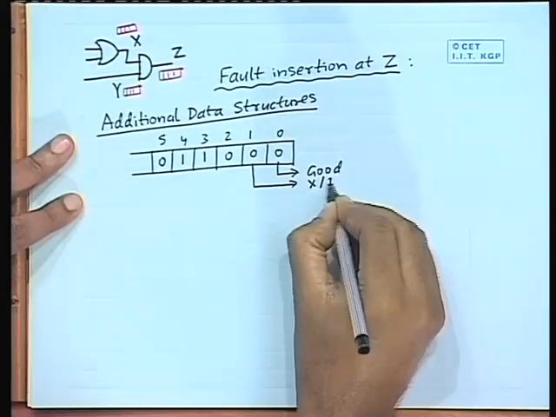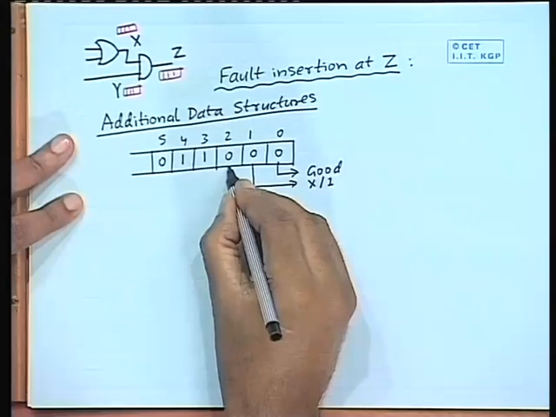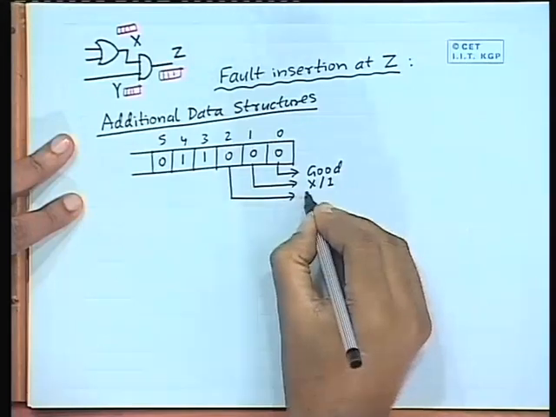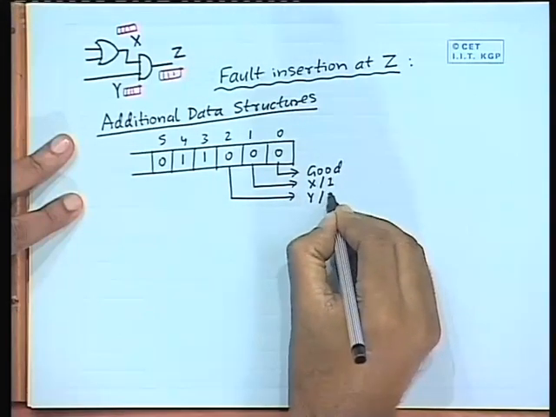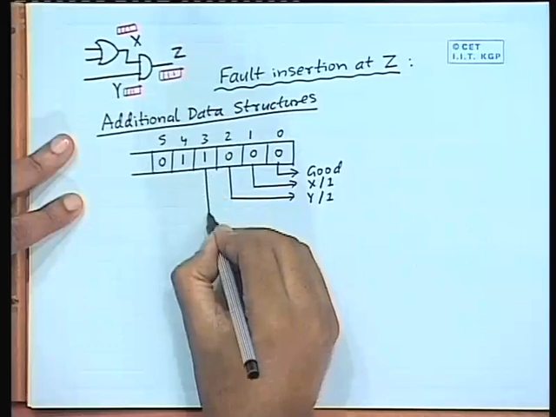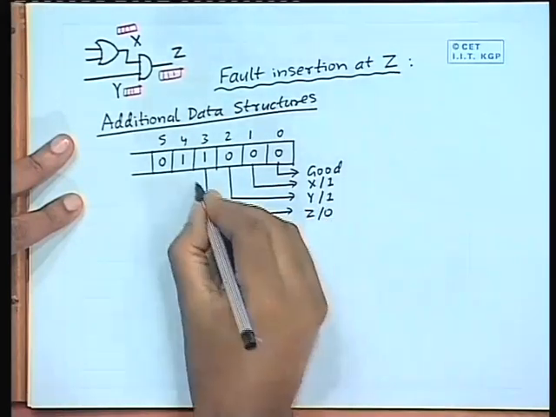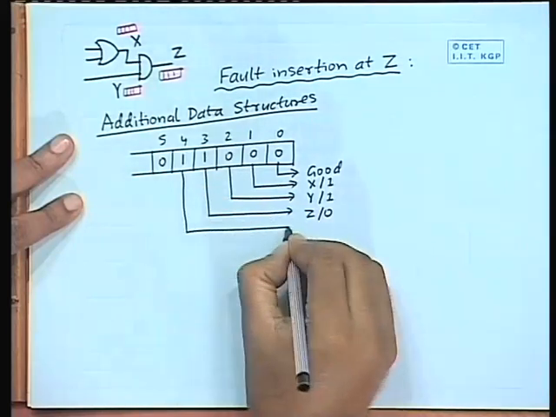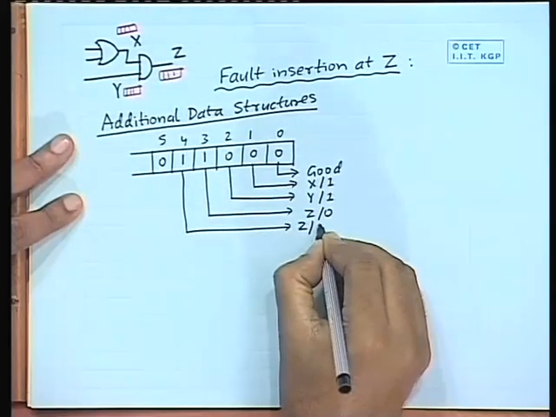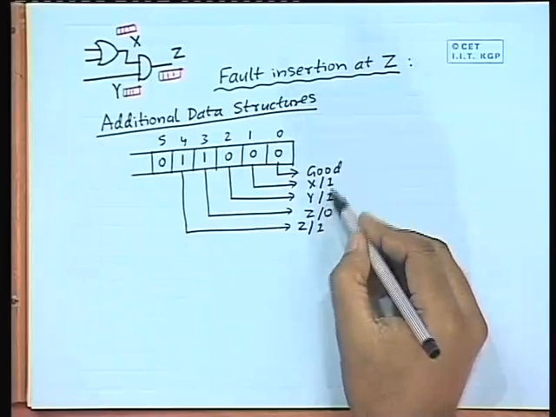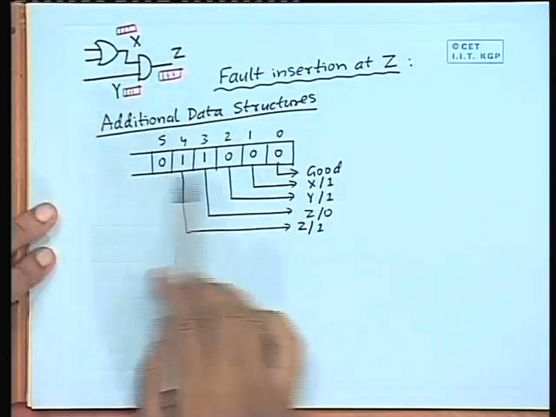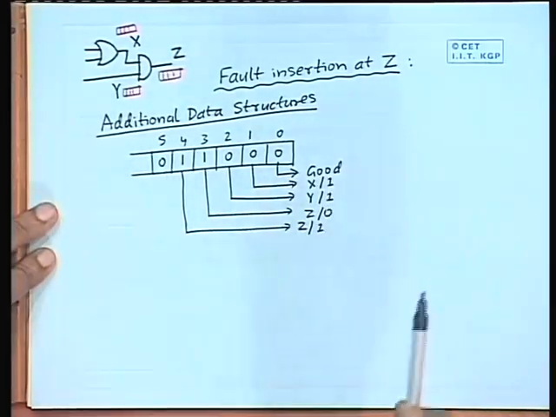Sometimes we also write like this, X/1 means stuck at 1. This is for say Y stuck at 1. This is for Z stuck at 0. This is for Z stuck at 1 and so on. So, X and Y stuck at 0 have been collapsed, so they do not appear.